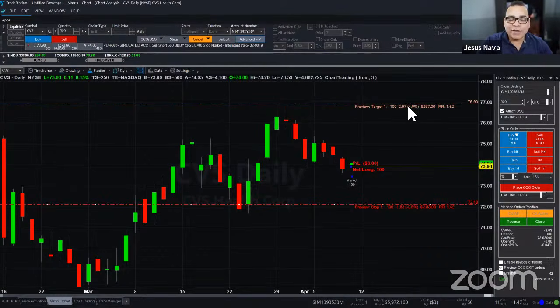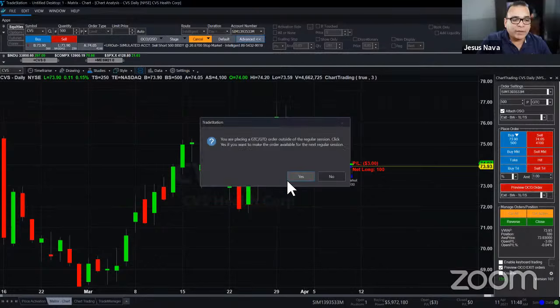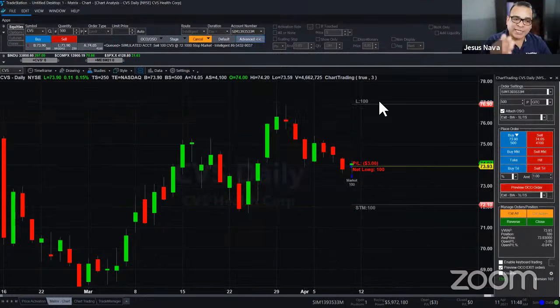So these calculated values are a great way for you to determine where the orders are going to be. If you are satisfied with where the orders are going to be, all you need to do is click on this red button again that says place OCO order. Once I click there, the orders are submitted at exactly those levels.